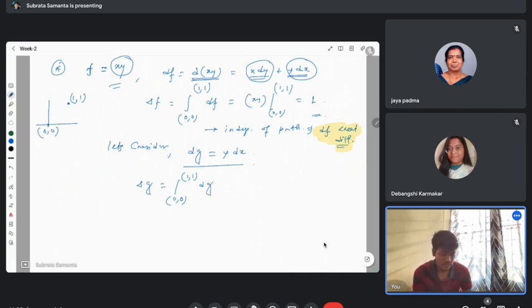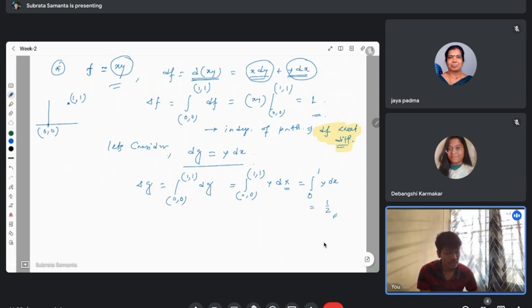So if dg is y dx, then from 0 0 to 1 1 of y dx, what do you get? Your x is the variable, so only the x limits are taken into account. So that is half, y square by 2 and half.